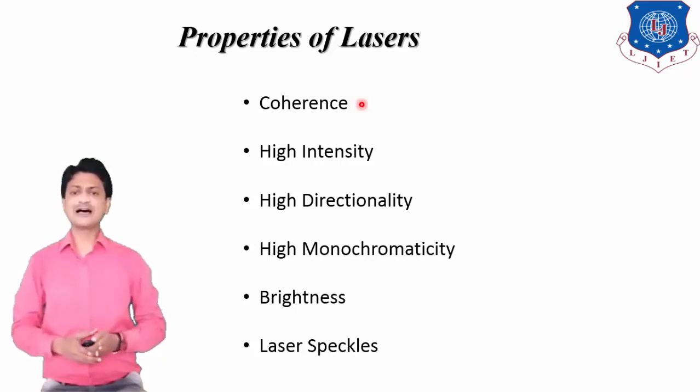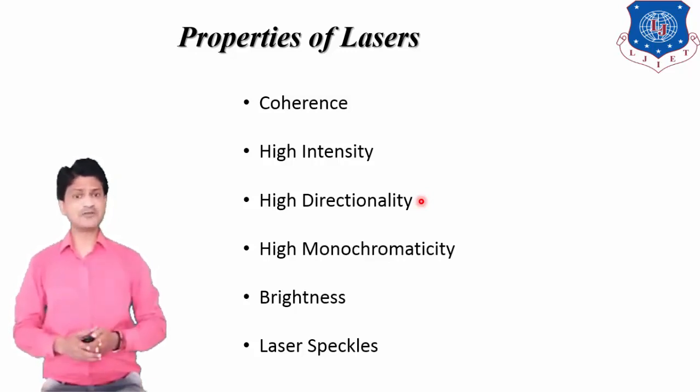Now, next is high intensity. Due to its coherent nature, laser has the ability to focus over a small area. So we can say that the laser beam has a high intensity. Next is high directionality. An ordinary light source emits light in all possible directions, but a laser beam travels as a parallel beam over long distance without spreading.